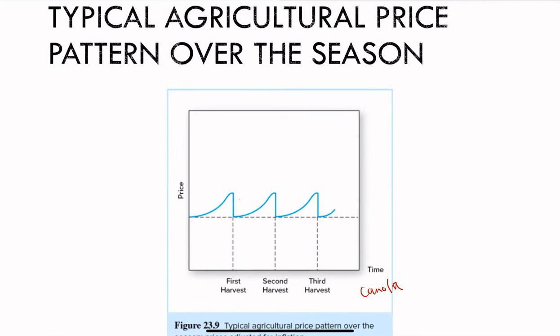So this basically means that you won't want to store canola for a long time. So it's really because of economic reasons. There's no need for you to pay this storage cost if you can get this canola in the future with the same price.